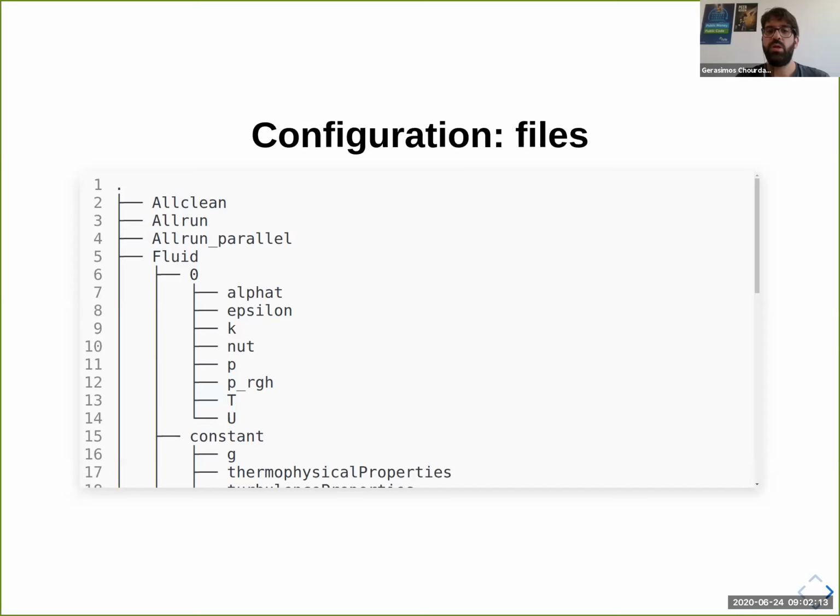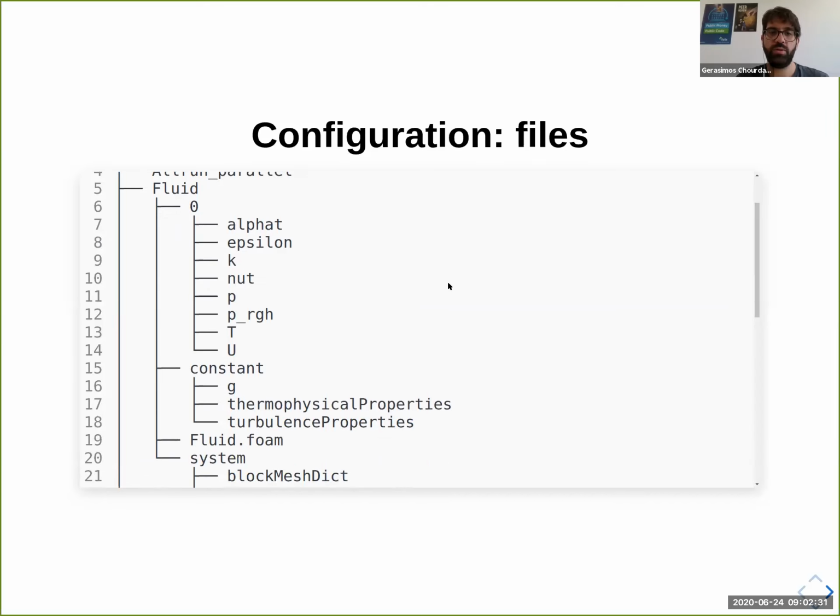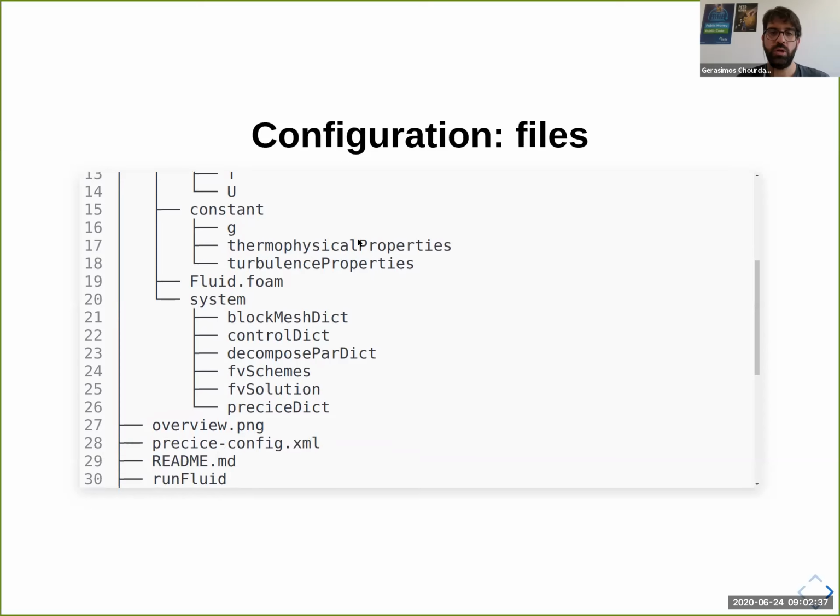Now, let's look at the case as we get it from GitHub. Here we have the usual OpenFOAM files plus a few helpful scripts to run or clean our files. We have a fluid case defined normally with initial conditions, boundary conditions.